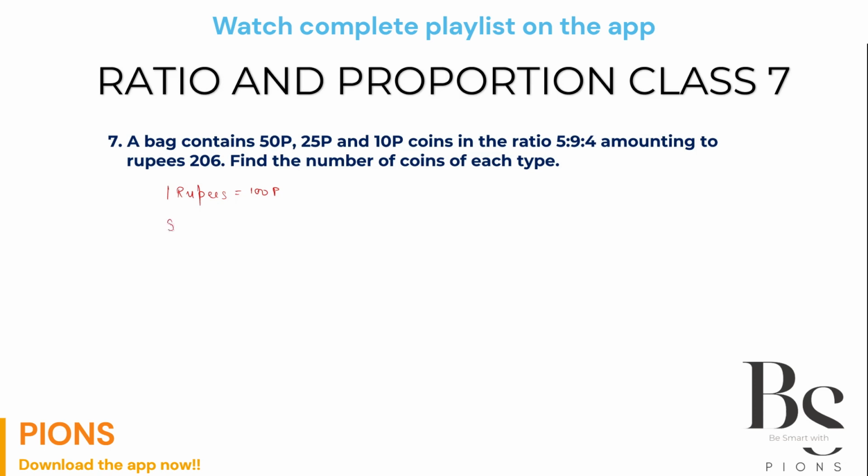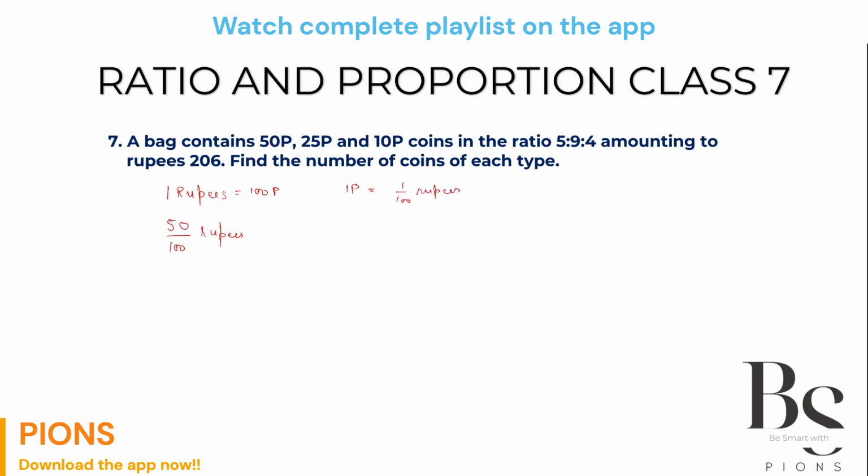So 50 paise will be how much? 50 by 100 rupees. Okay, now you should be clear with the conversion. So 50 by 100. Sir, how did you get that? Very simple. 1 rupee is 100 paise. So how can you make this 1 paise? By dividing both sides by 100. So 1 paise will be 1 by 100 rupees.